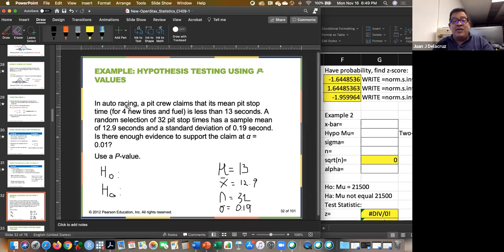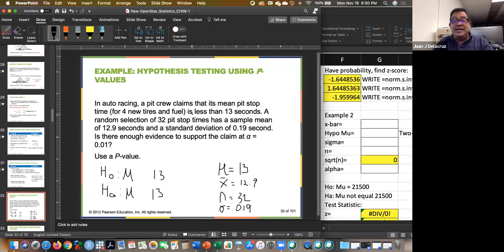So in this case, in auto racing, a pit crew claims that the mean pit stop time for 4 new tires and fuel is less than 13 minutes. So first of all, the parameter I want to analyze is going to be mu. So I'm going to type mu, and then I recognize that the amount is 13 minutes. So I'm going to say 13.